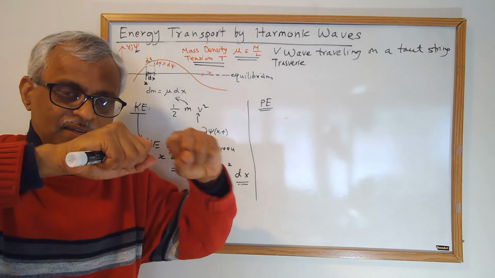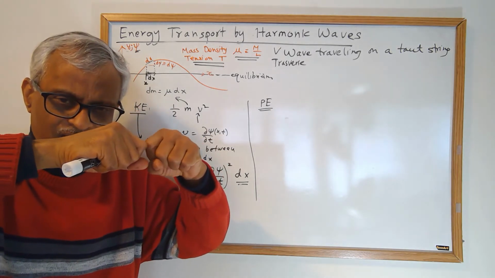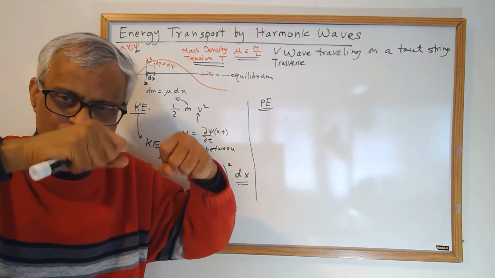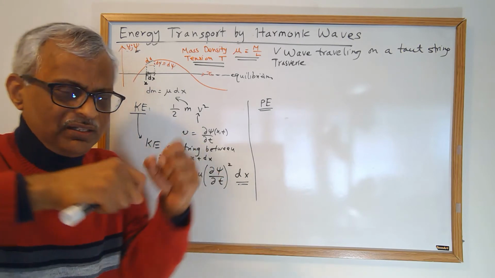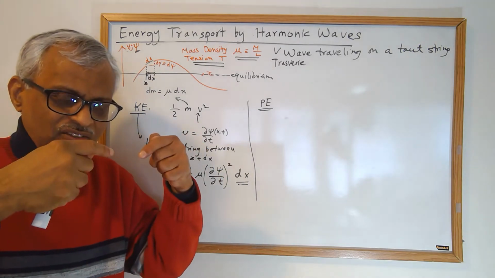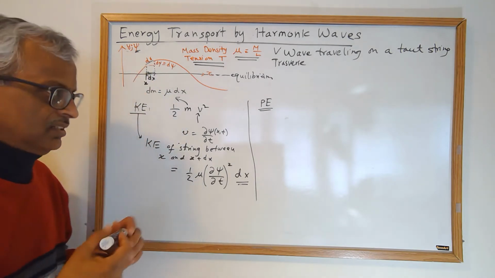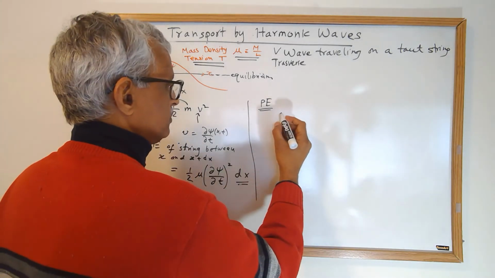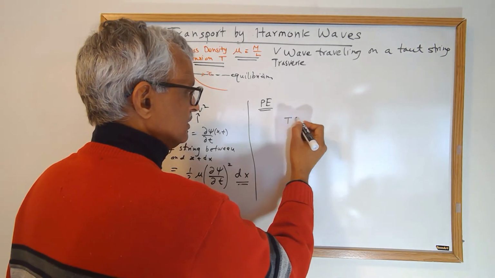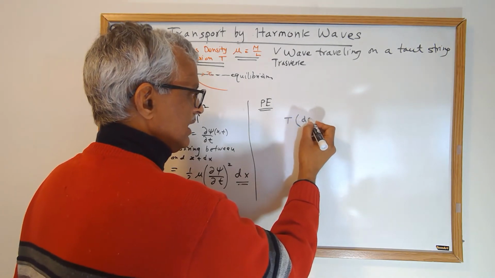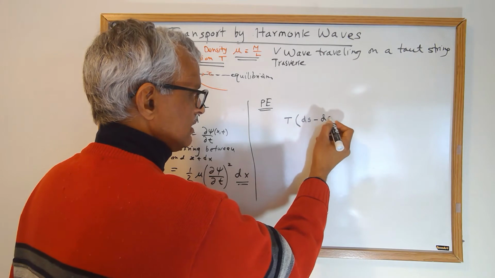So the string has tension T, and I pull a little bit further out. How much work do I have to do? Well, that will be against tension and how much I pulled, how much the length changed. So it should be equal to tension times the new length minus the old length.